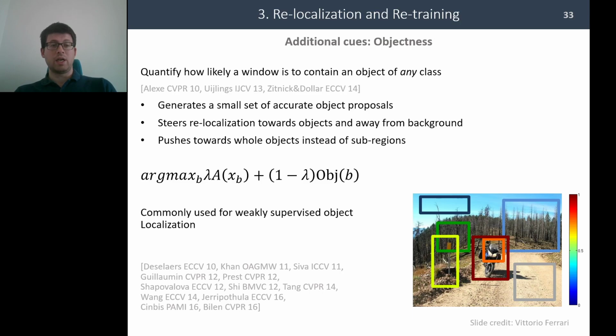The other is that we can use the objectness score within our detector, which can help steer the relocalization or detection toward objects and keep the detector from picking ones from the background. It can also prevent the object detector from picking parts instead of the whole object. So this is very important.